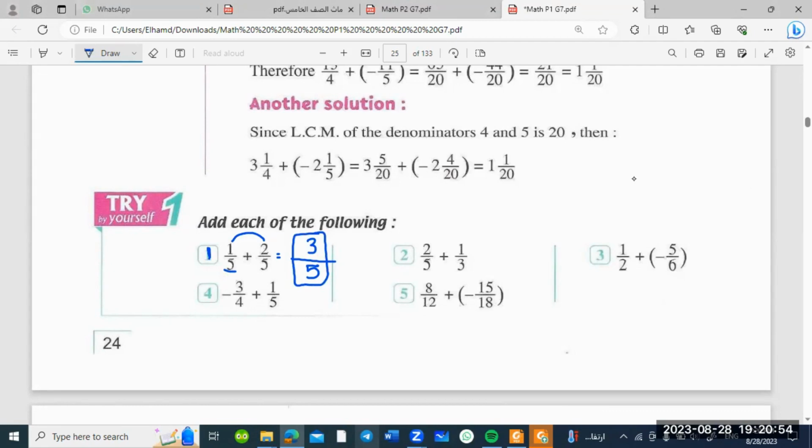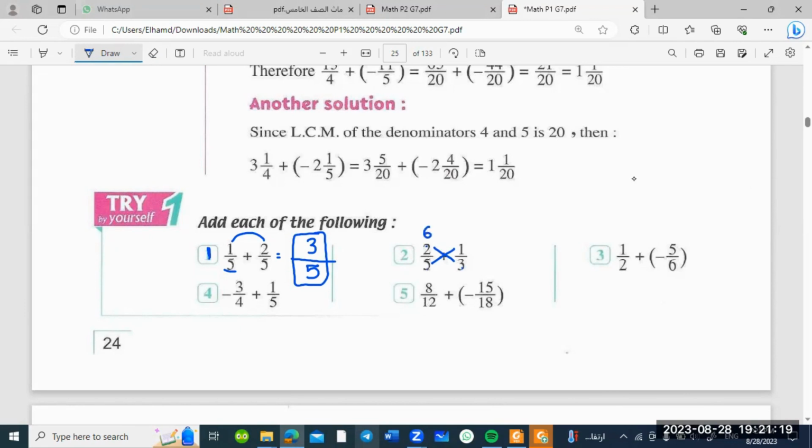Question number 2. Ask yourself, Miara, do you have the same denominators? No. What should I do? I will do cross multiplication. 2 multiplied by 3 equals 6.